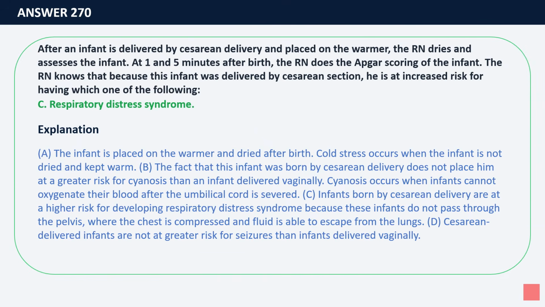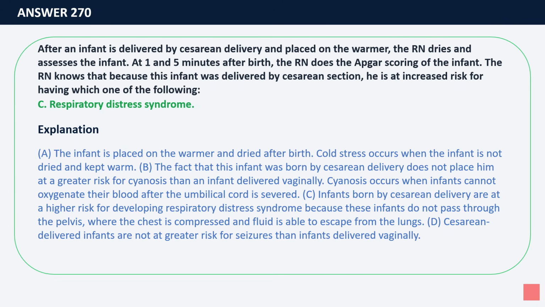Answer: C. Respiratory distress syndrome. Explanation: A. The infant is placed on the warmer and dried after birth. Cold stress occurs when the infant is not dried and kept warm. B. The fact that this infant was born by cesarean delivery does not place him at a greater risk for cyanosis than an infant delivered vaginally.